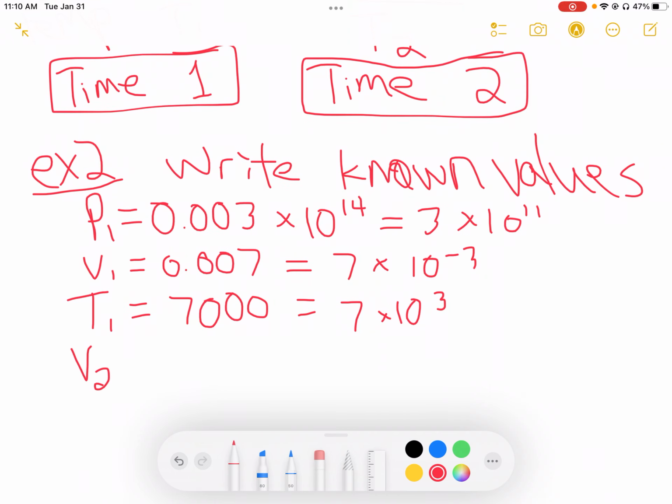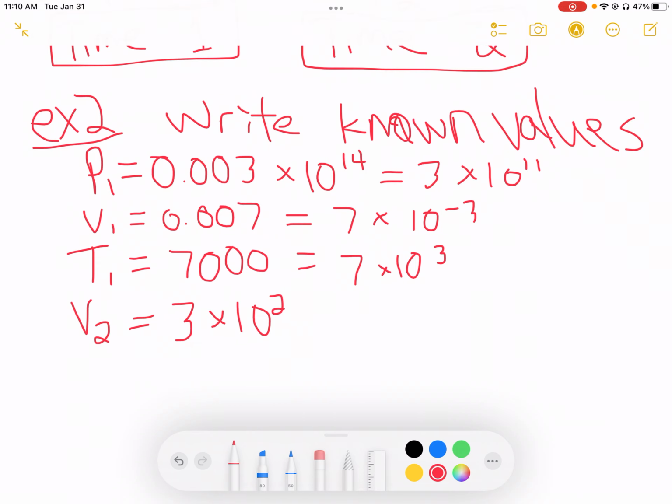So volume 2 is going to equal 3 times 10 to the 2. They actually did this one for me, so that's good. And then they said temperature 2, or a final temperature, was 0.003 times 10 to the 7.